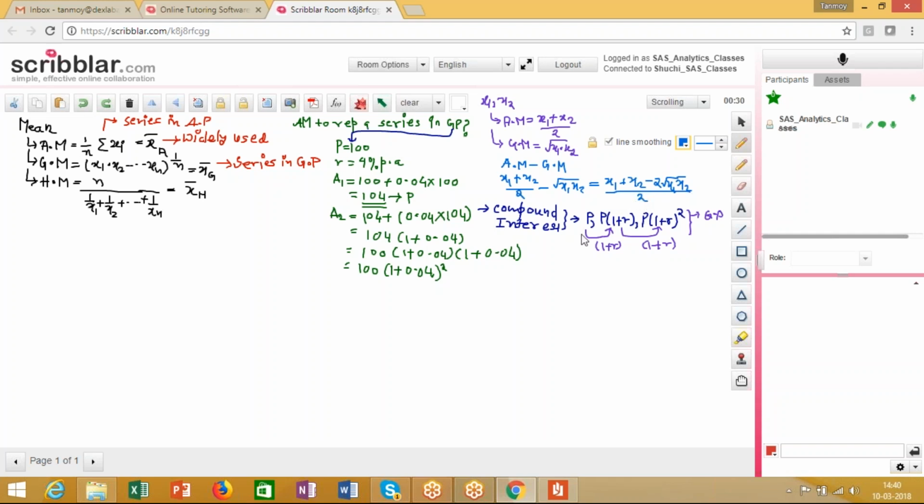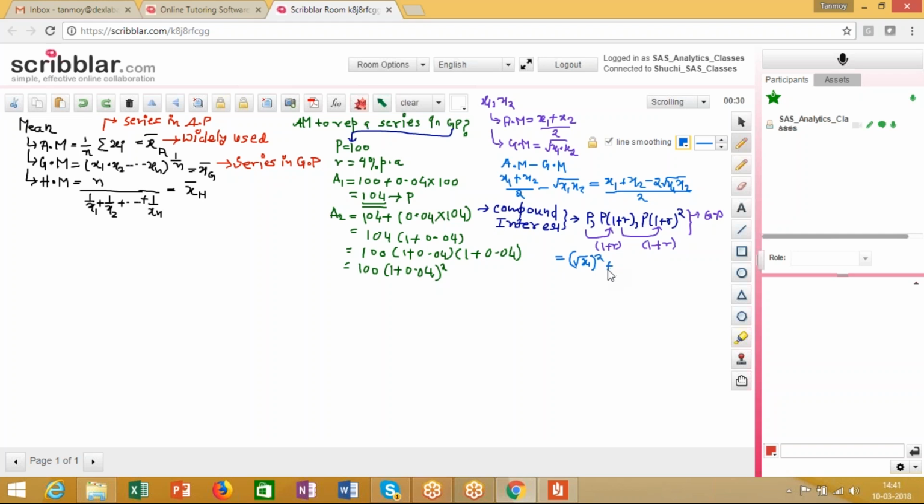Now how can I represent this? This equation can be represented as x1 is nothing but root x1 square. The square of the square root of anything is nothing but the number. So basically if I have a number 2, I can always write it as root 2 square.